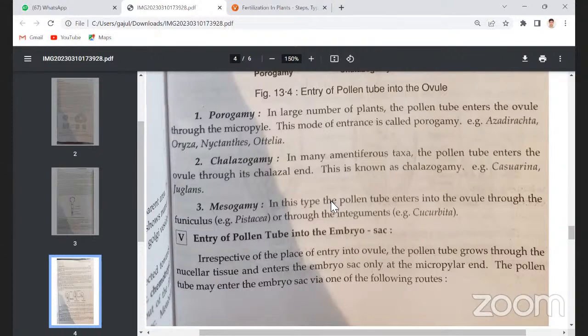Irrespective of the place of entry into the ovule, the pollen tube grows through the nucellar tissue and enters the embryo sac only at the micropylar end. The pollen tube may enter the embryo sac via one of the following routes, which we will discuss.